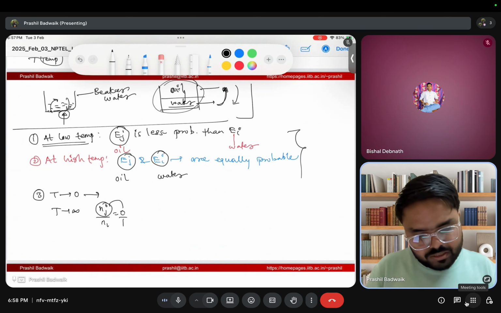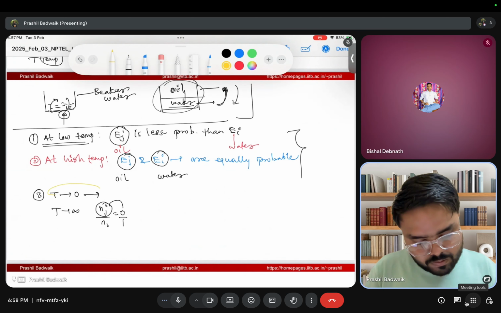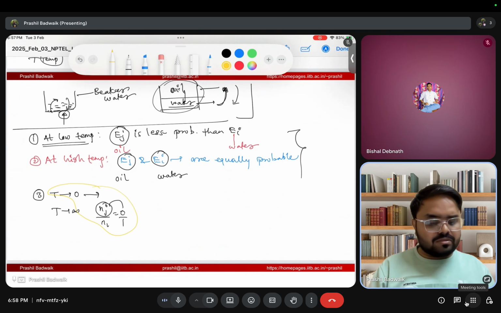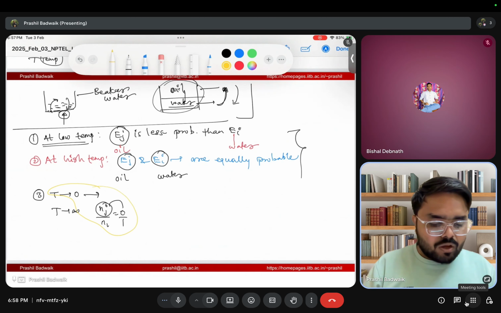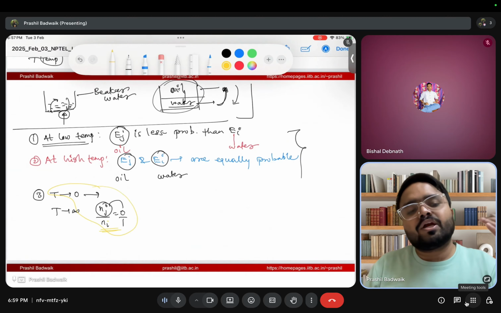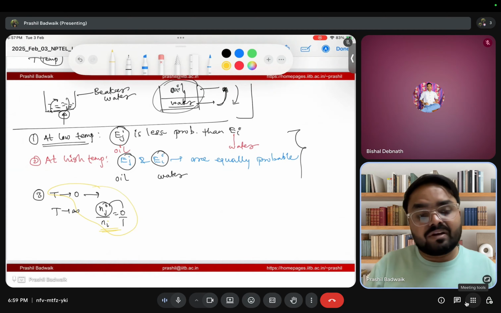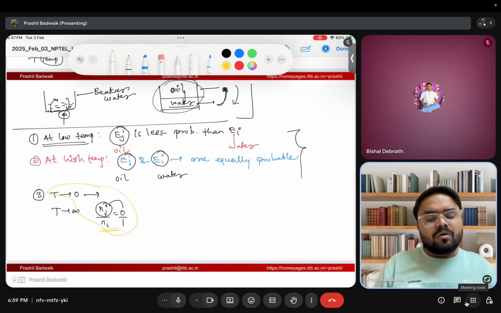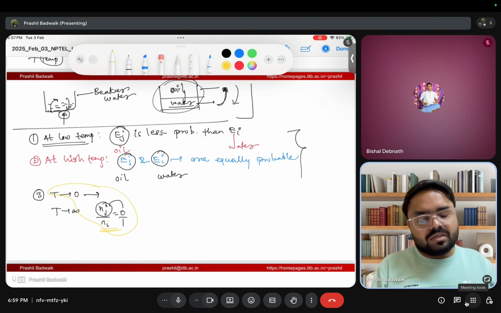When temperature is tending to zero, Ni will have probability 1, and Nj will have probability 0. That means going into the higher energy level is not possible when temperature is tending to 0.